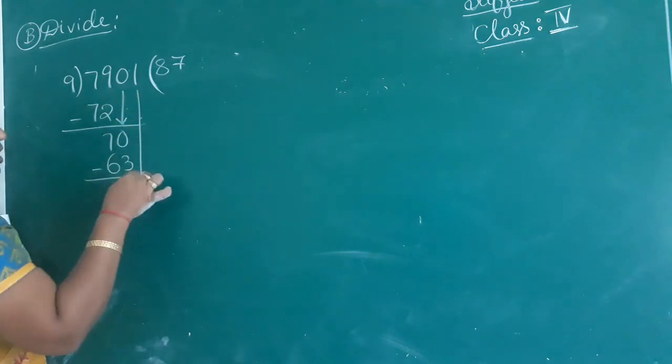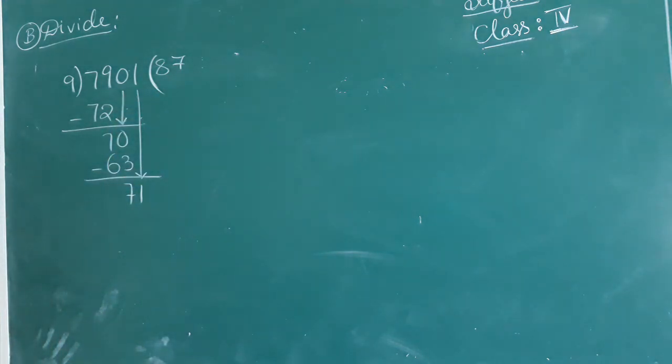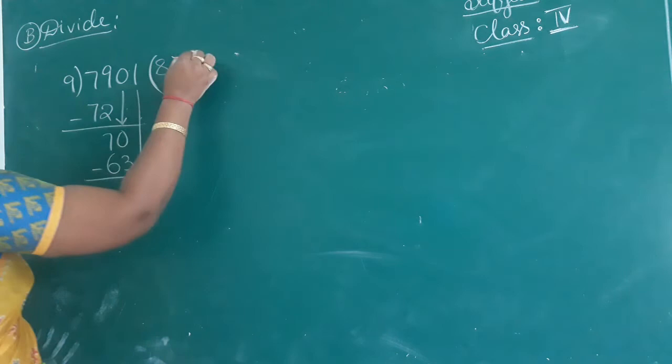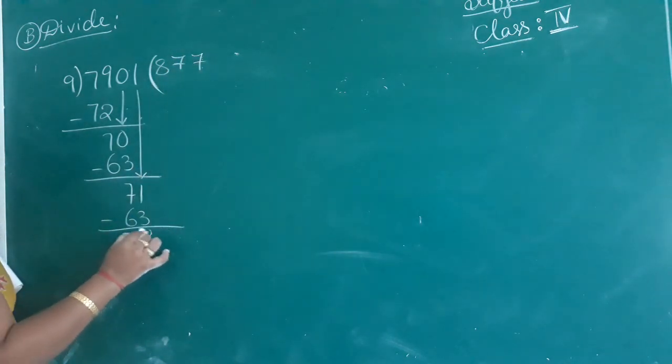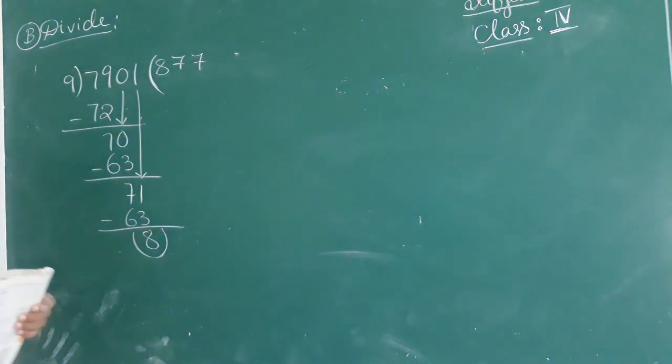Remainder 7. Now drop down 1, 71. Which comes nearer to 71 in 9 table? 9 sevens 63. 9 8s 72. So 9 sevens 63 only possible. So 8 left. 8 is the remainder.